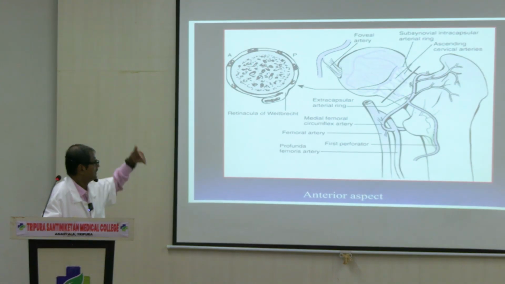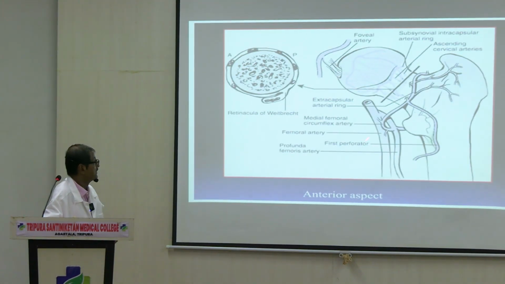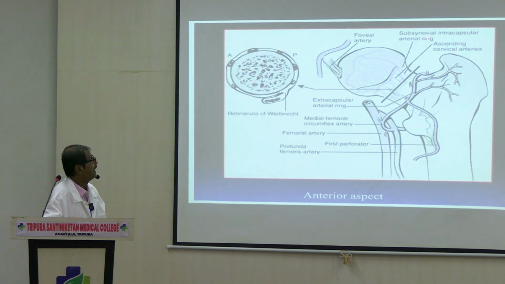This is the anterior side, and we have shown the posterior side. From there comes the subsynovial intracapsular arterial ring, called the subsynovial plexus of Chung.